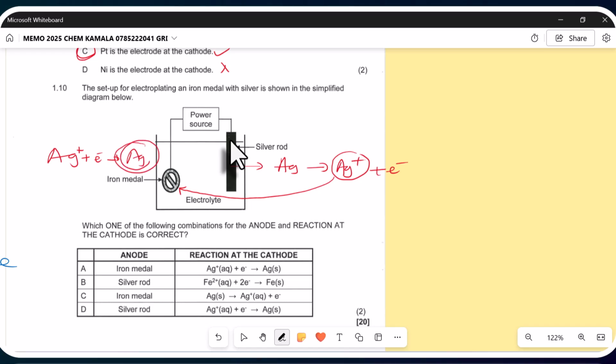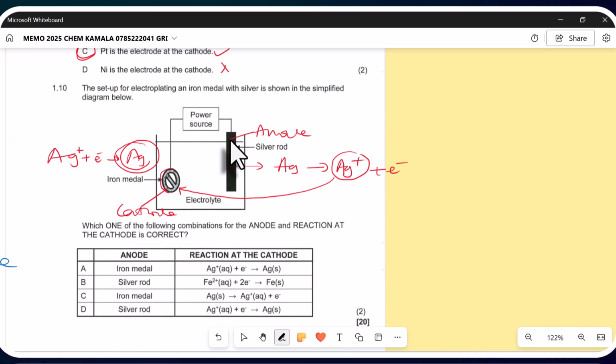Then at the cathode, we have the reduction of silver ions to silver. Here we have iron being reduced, but that's not correct, because we want to coat it with the silver. So it is this answer here, where we're reducing the silver ion to silver to be used to electroplate the iron metal.